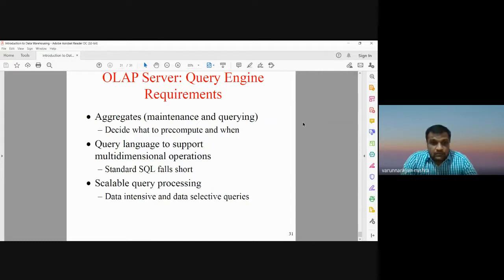And it supports different query languages, like SQL, which is one of the simplest kinds of query language, a structured query language. And that query processing should be scalable, so that the data intensive and data selective queries can be supported.